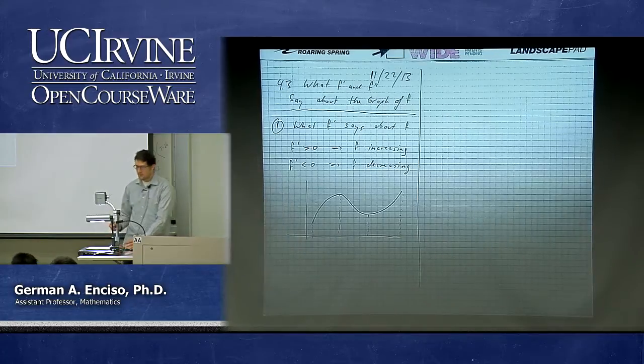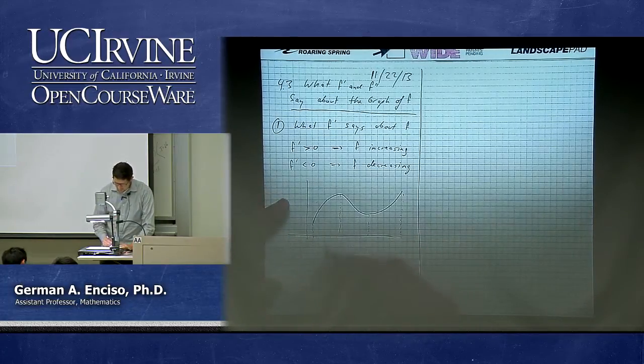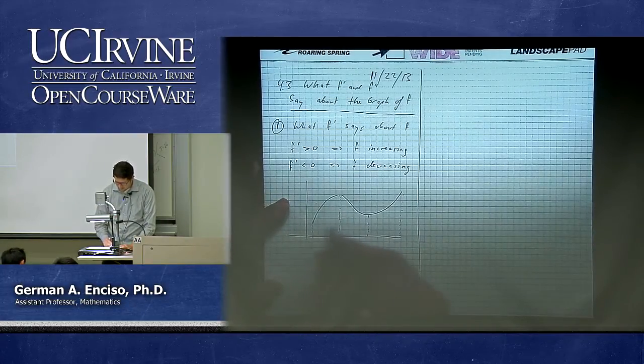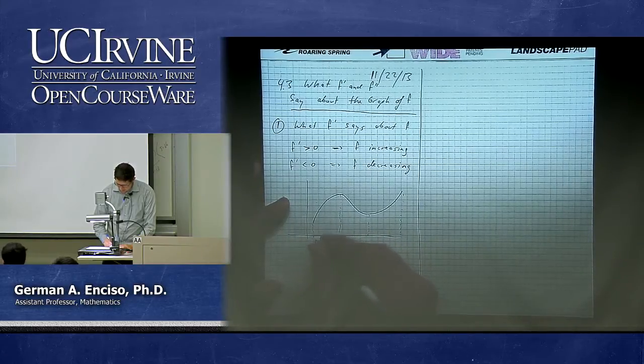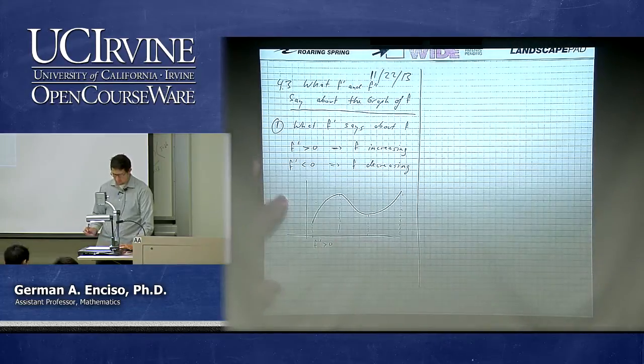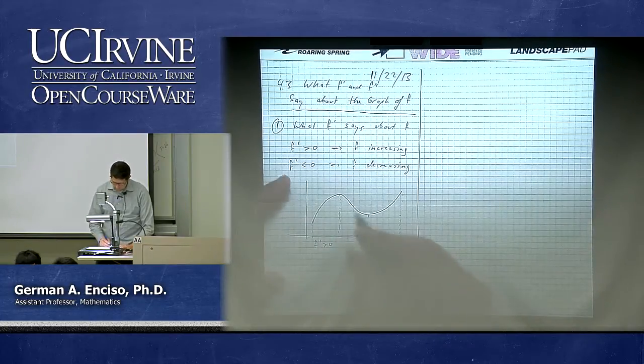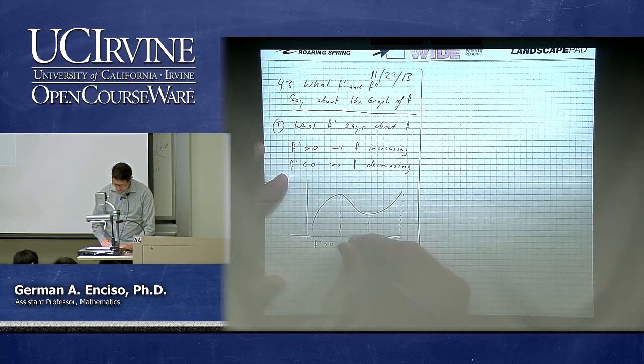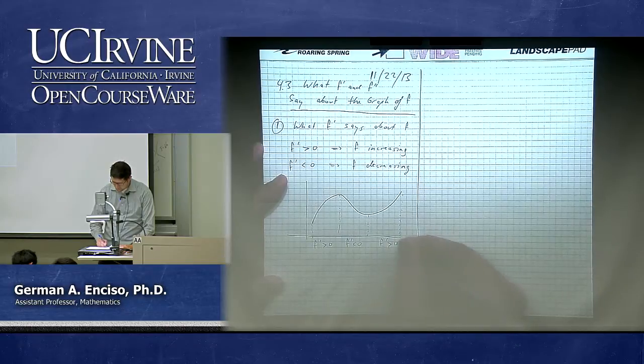And the third interval. And on this first interval, right here, f prime is bigger than 0. On this second region here, f prime is less than 0. And on this third region, f prime is bigger than 0.